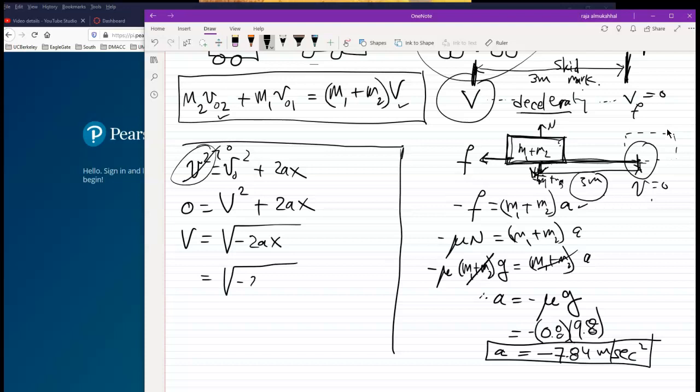So we have negative 2a is negative 7.84... You see what I'm saying? And the skid mark is equal to 3. Negative 2, okay? And then I can calculate that. Minus minus will go plus, and I got 6.9 meters per second. Aha.